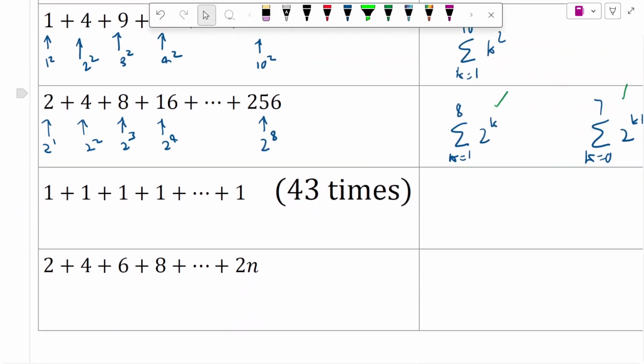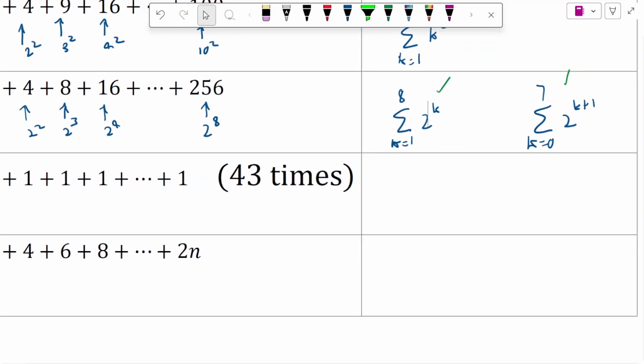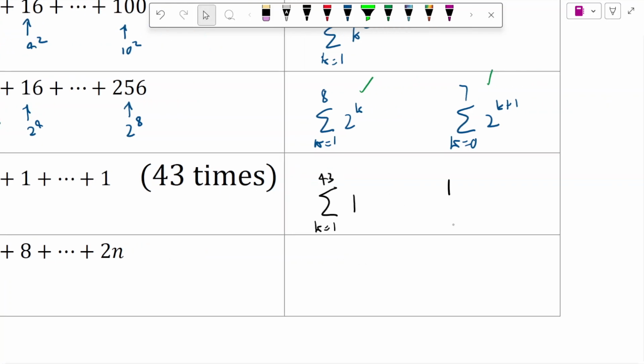Okay, 1 plus itself 43 times. Well, we know the answer is 43. But this is just the sum of 1. And k can go from 1 up to 43 if you want. So it's a bit silly because k isn't showing up in this sum. But what that means is it's 1 plus 1 plus 1 plus... And you're doing this, well, when k equals 0, this thing's still 1.